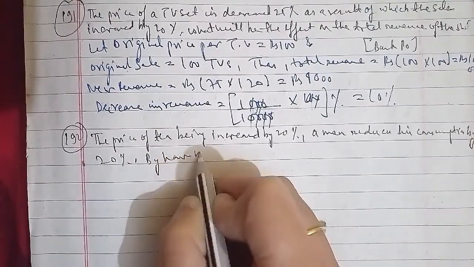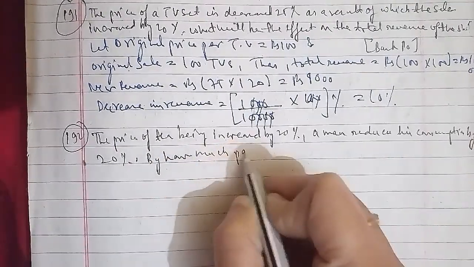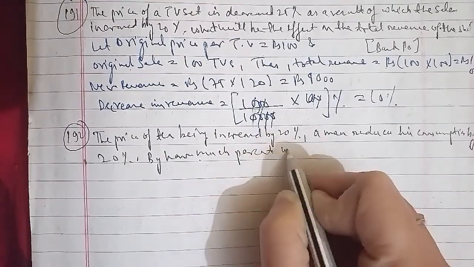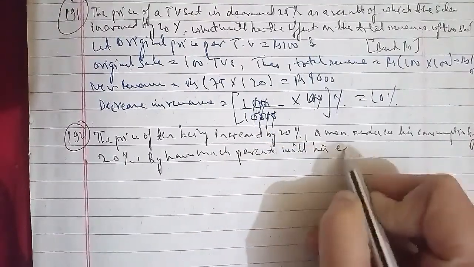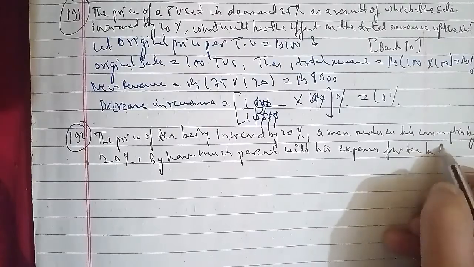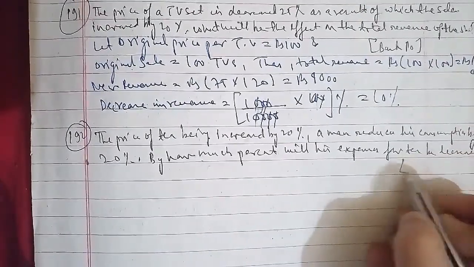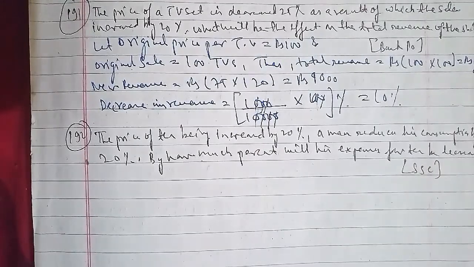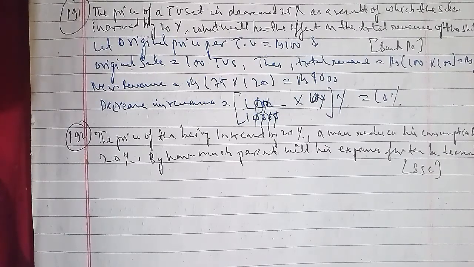By how much percent will his expenses for tea be decreased? This has been asked in an SSC examination paper as well, and that is important. The options for the same are 2%, 4%, 6%, and 8%. So we go ahead for the same.